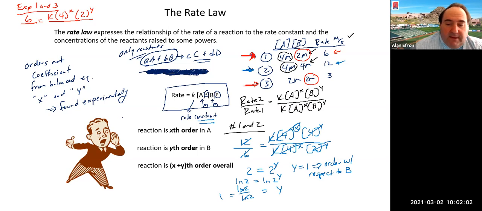Entry number 3 then goes on the bottom. So we have 3 for the rate, 2 there, and 2 to the Y.